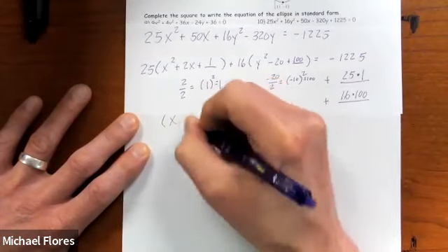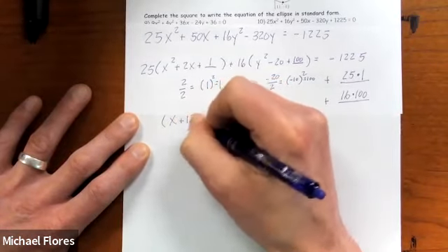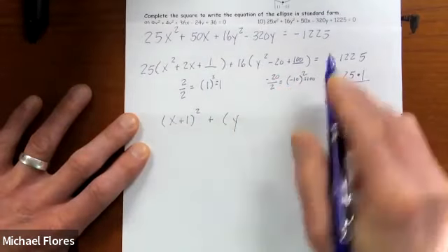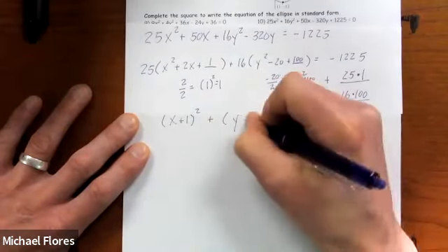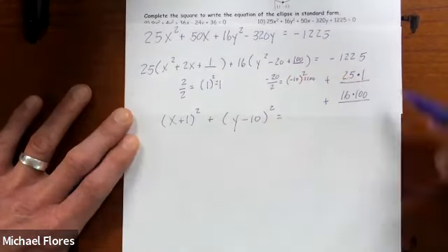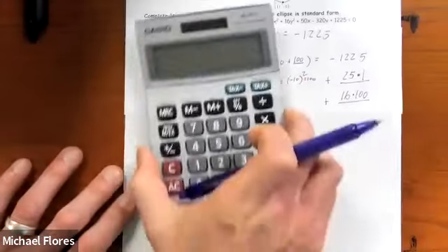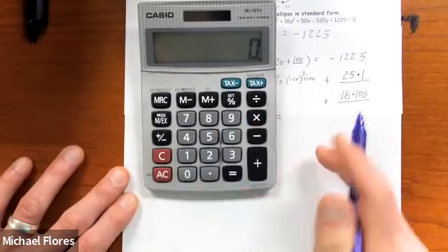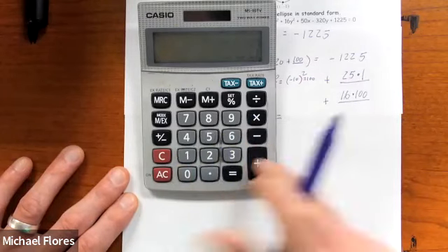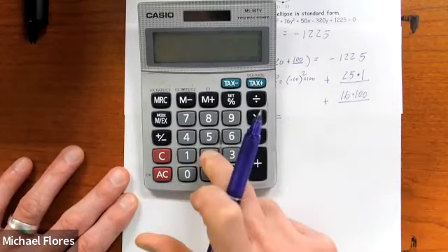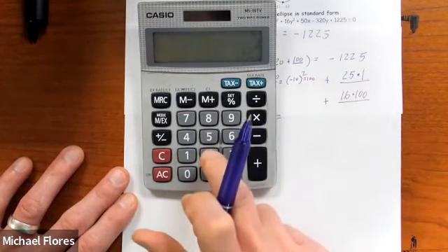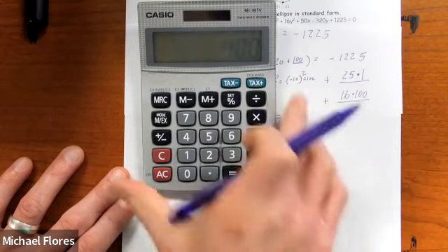X, keep the number, plus 1 squared, plus Y, keep the number, squared, equals, let's add all that together. I don't know what that is. Looks like here we have 1600 plus 25 times 1, which is 25. And then subtract 1, 2, 2 to get 400.